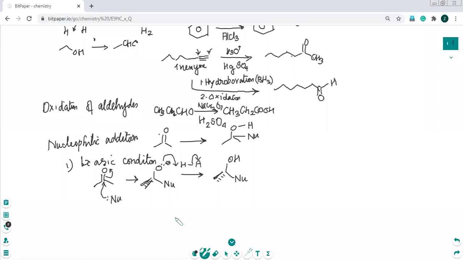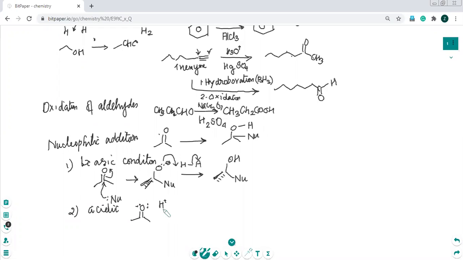Now let us see what happens if it is done under acidic condition. So the second condition is acidic condition. Here the mechanism is slightly different. First, the lone pair of electrons on this carbonyl group attacks the acid.